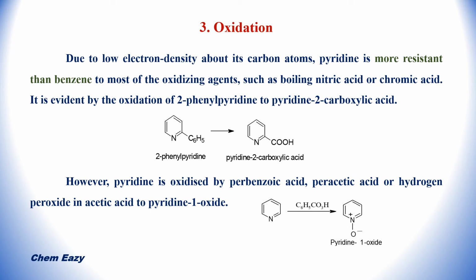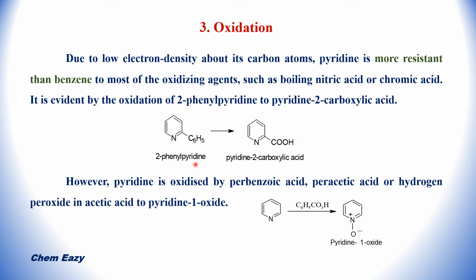Next one is oxidation reactions of pyridine. Due to low electron density about its carbon atoms, pyridine is more resistant than benzene to most oxidizing agents such as boiling nitric acid or chromic acid. This is evidenced by the oxidation of 2-phenylpyridine to pyridine-2-carboxylic acid, which is shown here.